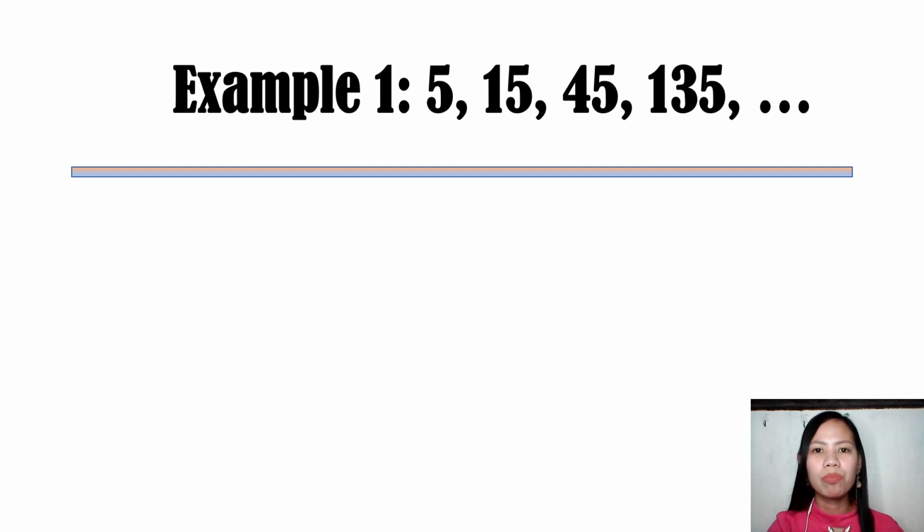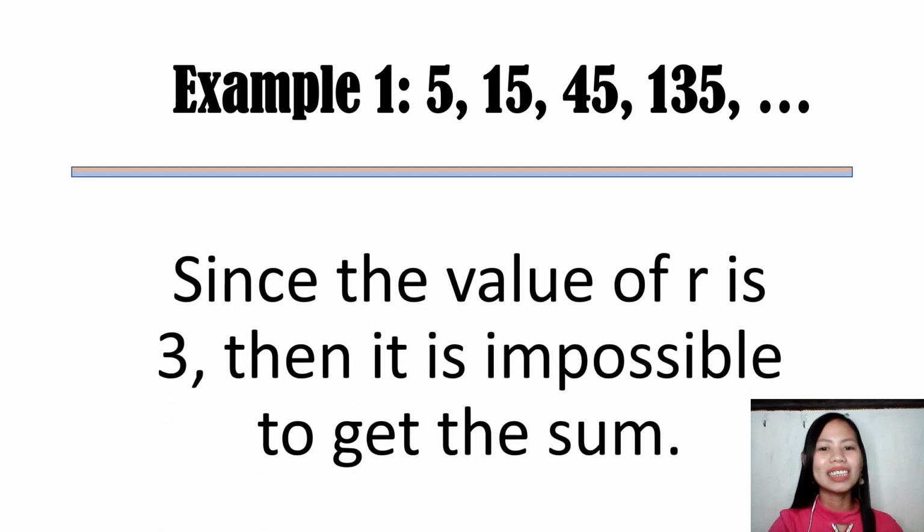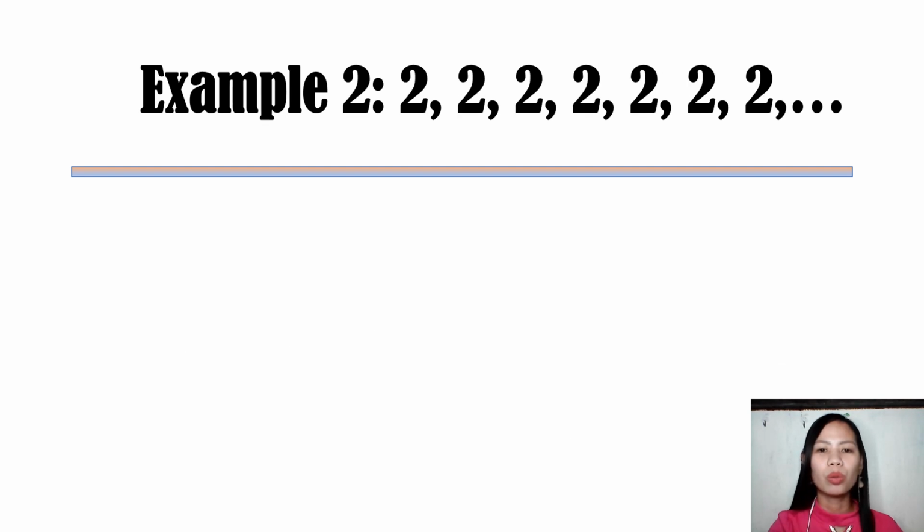If we have 5, 15, 45, 135, is it possible or impossible to get the sum? What is the common ratio? Okay, since the value of our common ratio is 3, then it is impossible to get the sum. Number 2, we have 2, 2, 2, 2, 2, 2, so on and so forth.